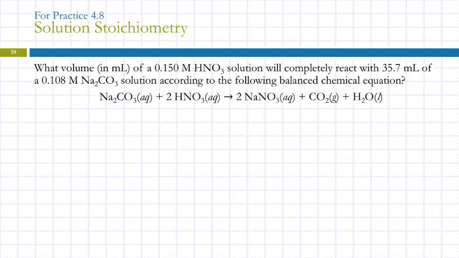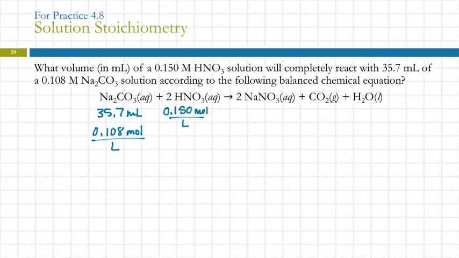So let's organize the information using the equation. So I've got some information about the nitric acid, 0.150 moles per liter. Write it as a fraction, not capital M. And then I've got 35.7 milliliters of that. And they also give me a molarity, 0.108 moles per liter.